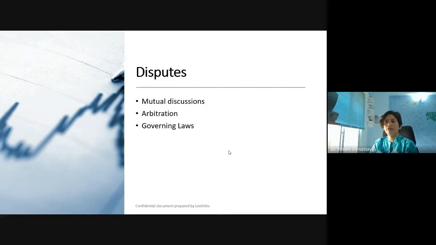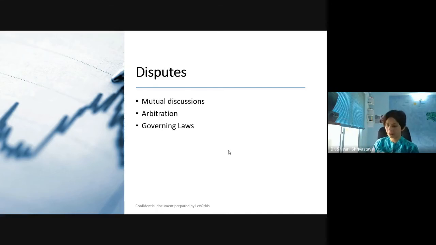When we are signing the agreement, we should know what will happen if these disputes arise. So one option is that both the parties can sit, discuss mutually and then resolve the dispute. For example, there is a dispute related to the payment of the royalty.